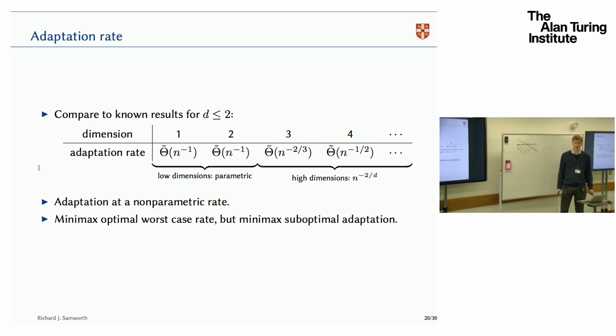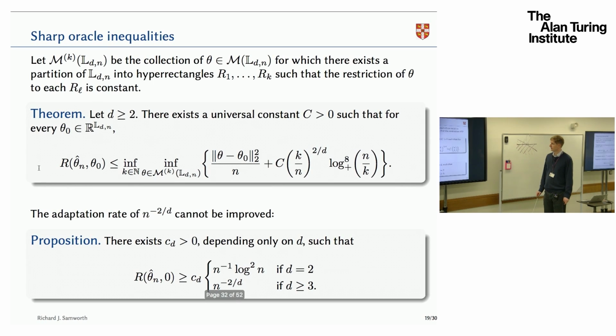Any questions? In the previous part, you have this approximation by piecewise constant over rectangles. What type of smoothness property governs the decay with k of this? If theta has a certain amount of smoothness, like mixed Holder smoothness or something, you might be able to say something about this approximation term.